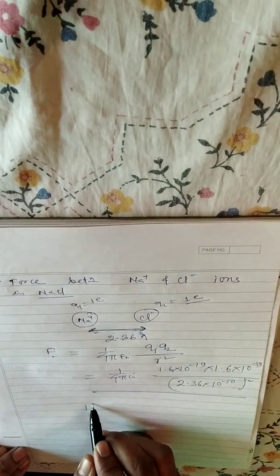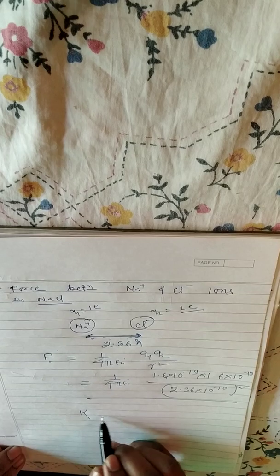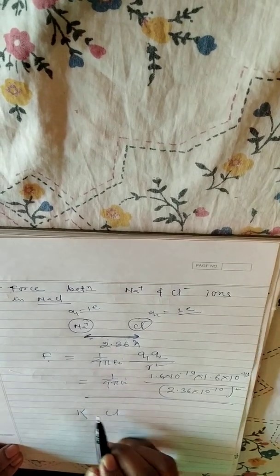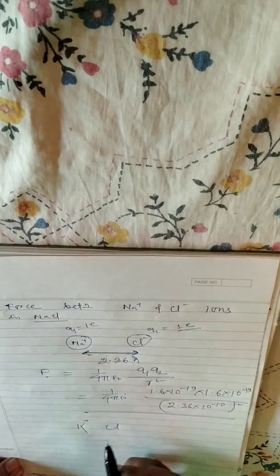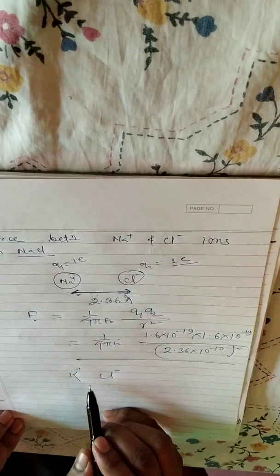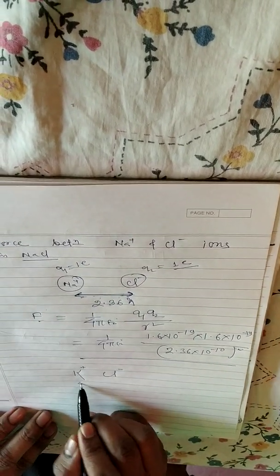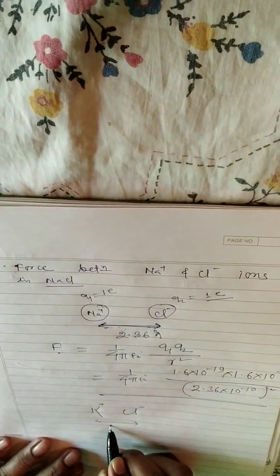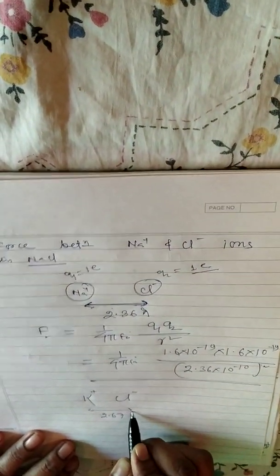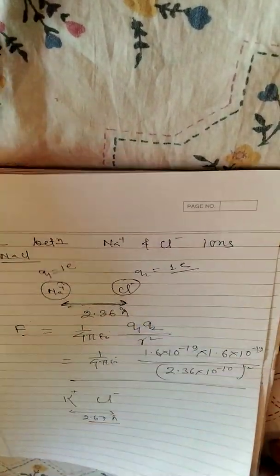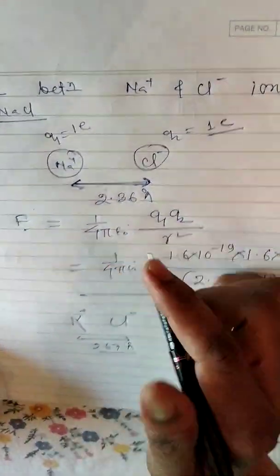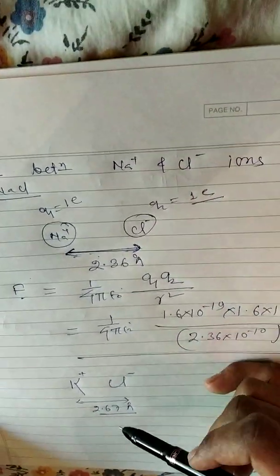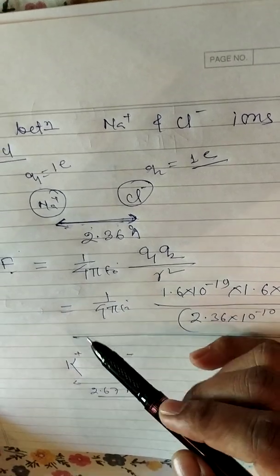Similarly, if we consider potassium chloride, what about the charges? Charges will be the same, but the bond length, let me see, I don't remember this, is 2.67 angstrom. So I hope you can calculate this force also.